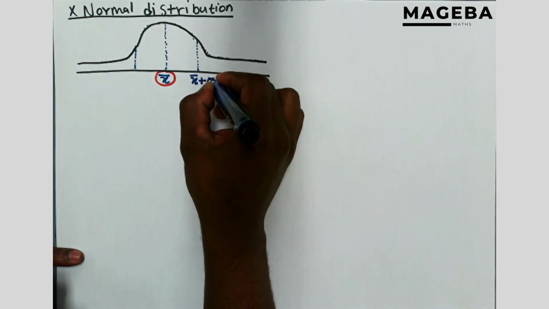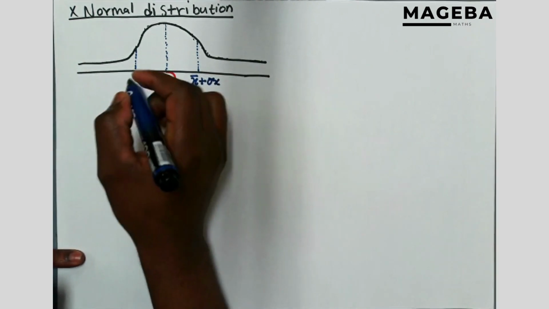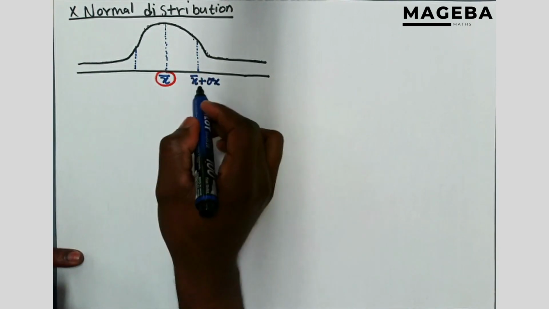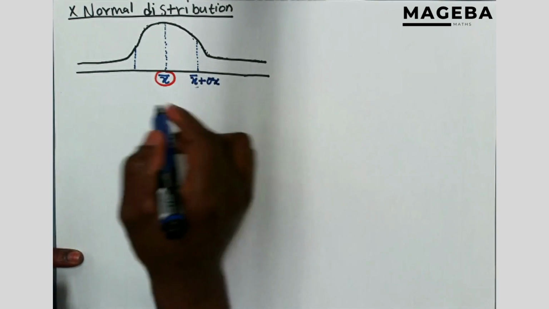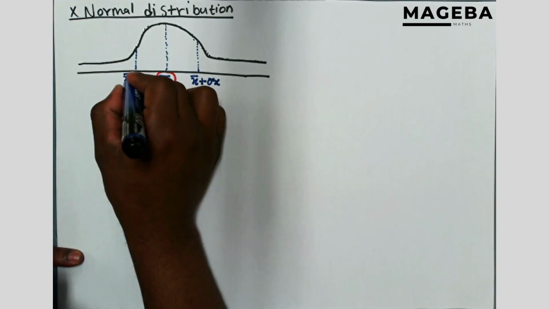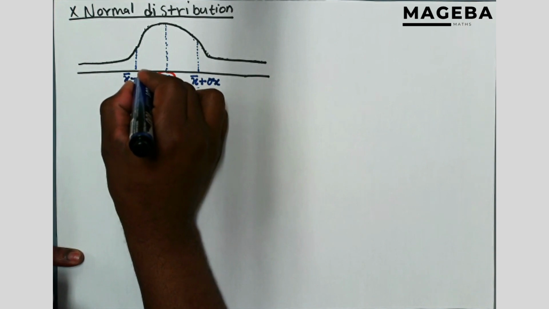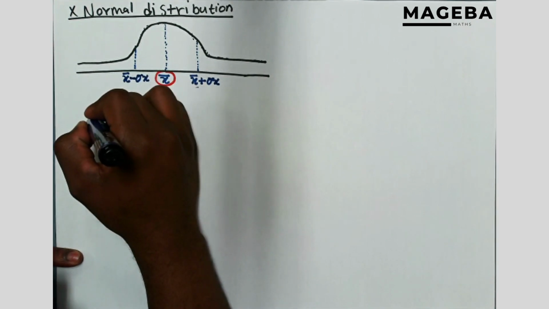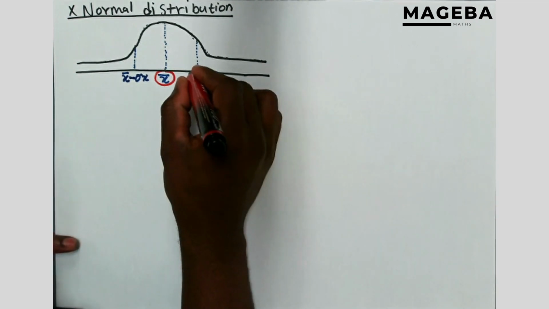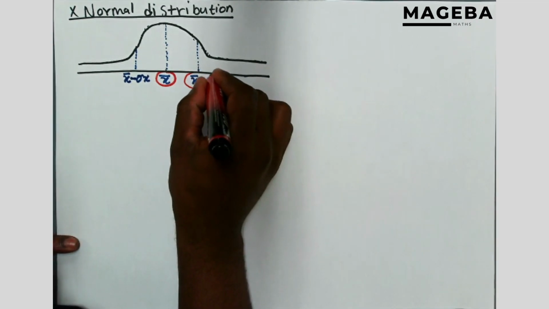I hope you still remember the standard deviation. From this side, remember, we're going to the positive side, that's why we add the standard deviation. And then from here it's my mean minus my standard deviation. I hope you understand what is going on here.